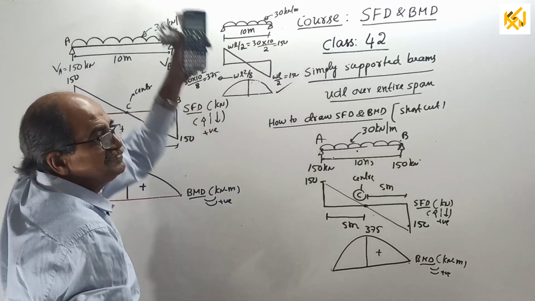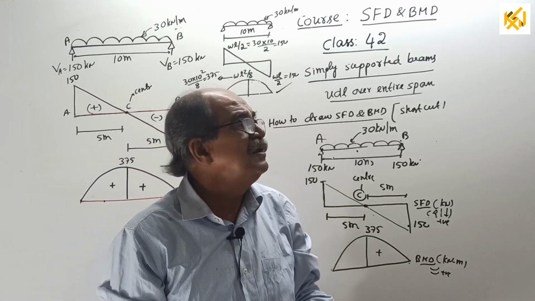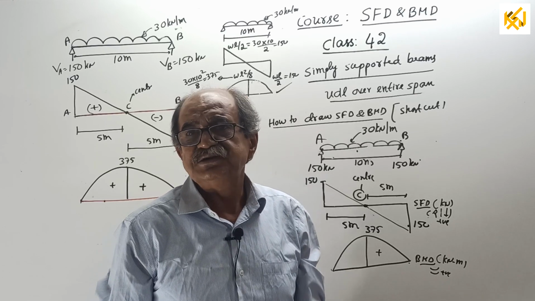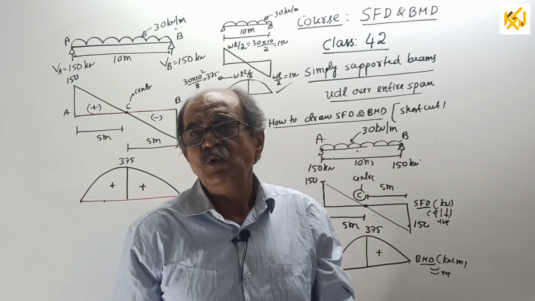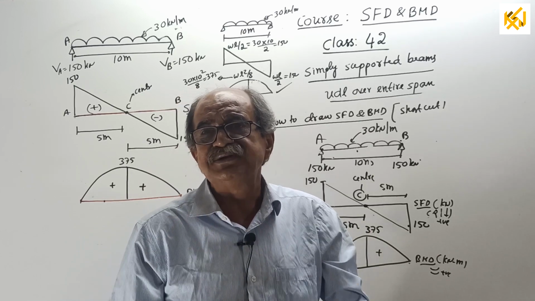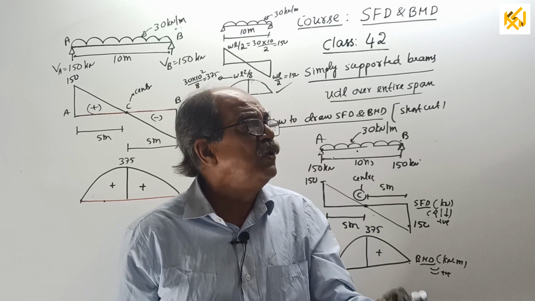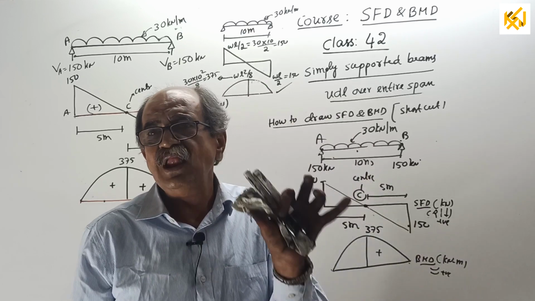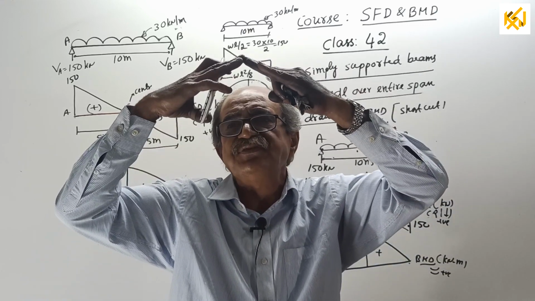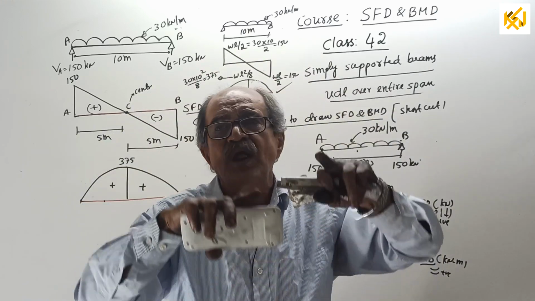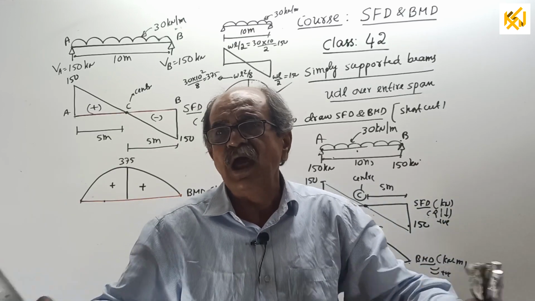Further shortcut. Now you can make a note. I will give it in the notes. The result I will give, standard, or in the class only I may give. After all the standard cases are over, one class I will give a list of the standard cases: central point load, eccentric point load, two symmetrical loads, UDL full span, UDL half span, UVL like this, or UVL like this. Then for cantilever or overhanging beam, UDL with different ratios of overhang to span.